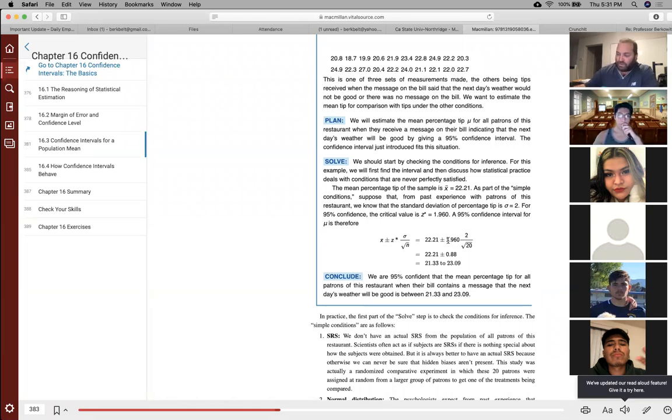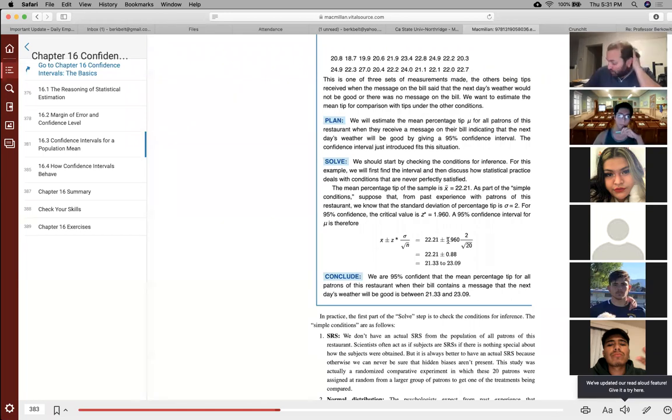So that's the part that I want to show you. So make a number line. No, sorry, not make a number line. Make a normal curve. And this is the standard normal. So what is the mean of a standard normal distribution? Zero.